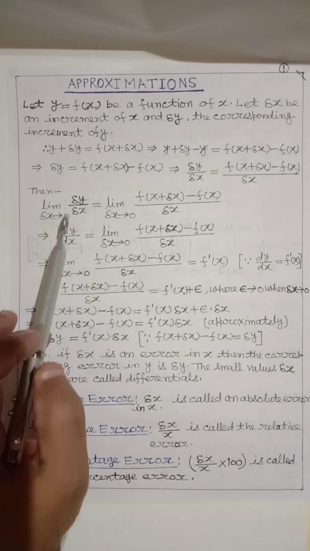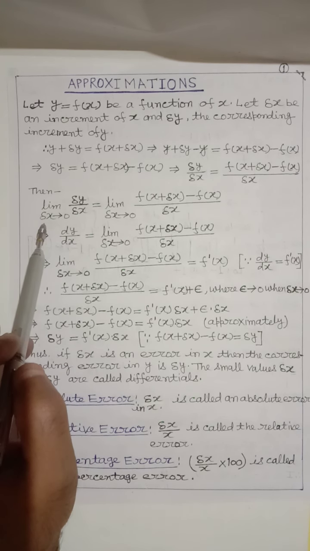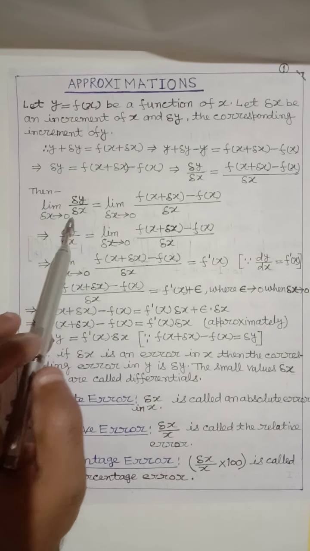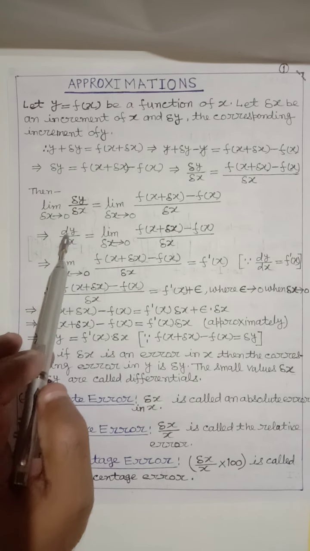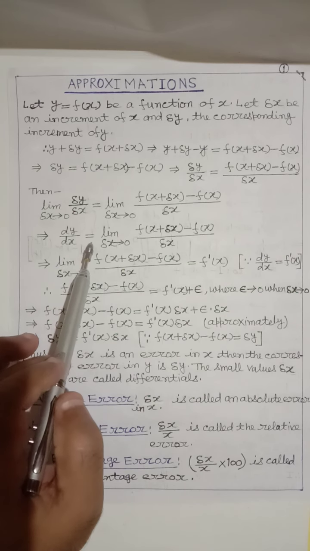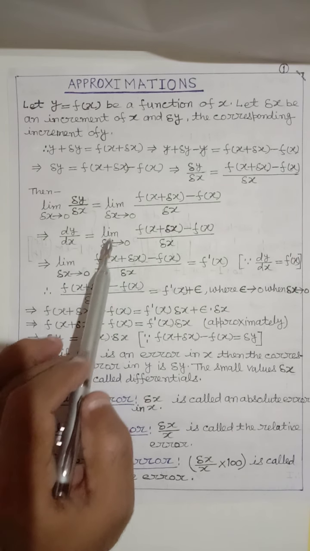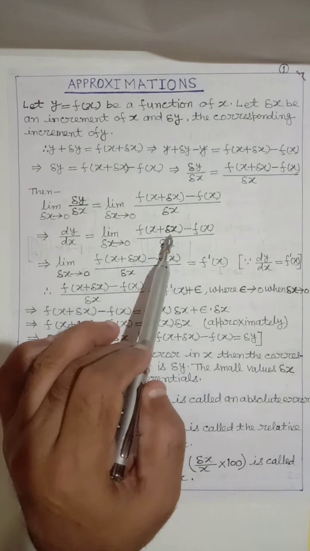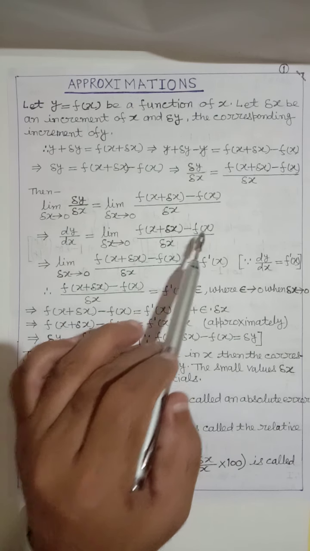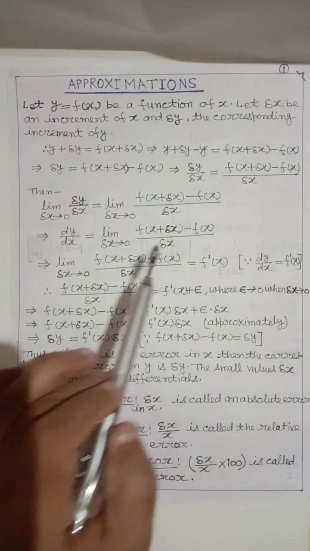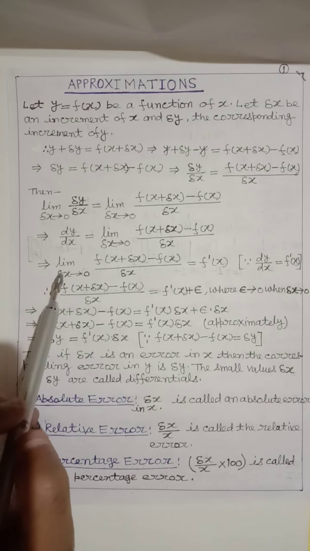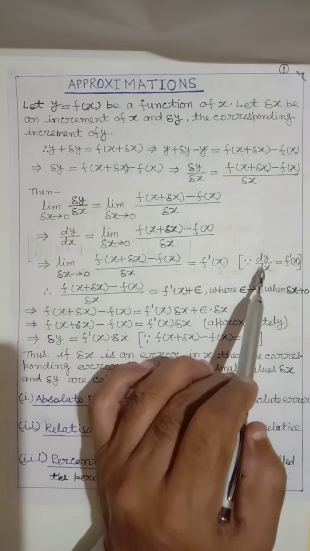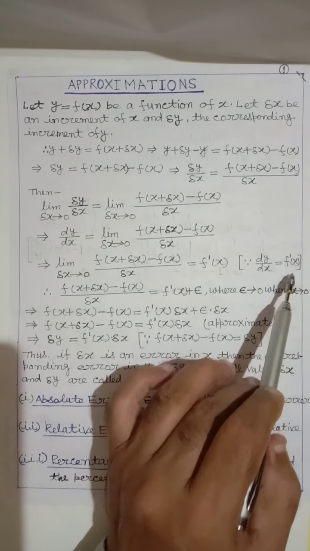Dear students, already we know that limit del x tends to 0, del y by del x is denoted by dy by dx, and this equals limit del x tends to 0 f of x plus del x minus f(x) by del x, and already we know that dy by dx equal to f dash x.